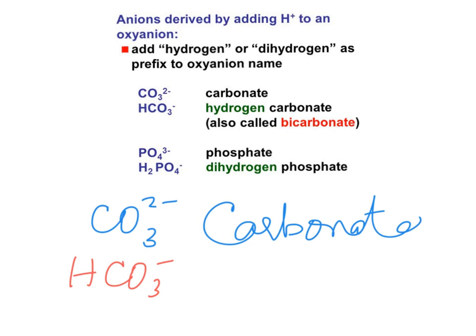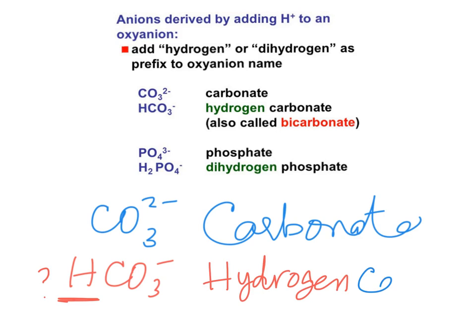So you cannot say HCO3 2-. If you have an H+, the charge goes down to -1. So how do you name HCO3 -? You're adding hydrogen, so you simply say hydrogen, and then the parent ion was carbonate. This is called hydrogen carbonate. Likewise, if you have 2 hydrogens, then you take out 2 from the charge, so it becomes -1 instead of -3, and you add the word dihydrogen phosphate.